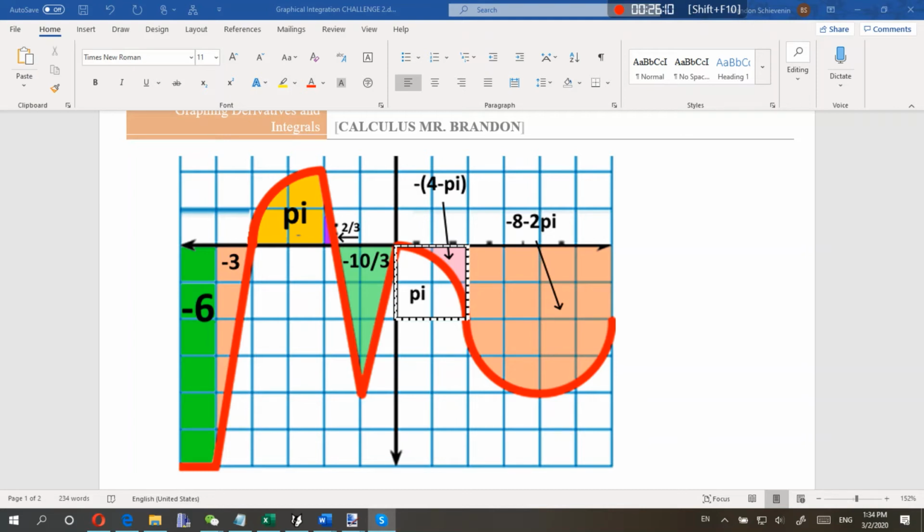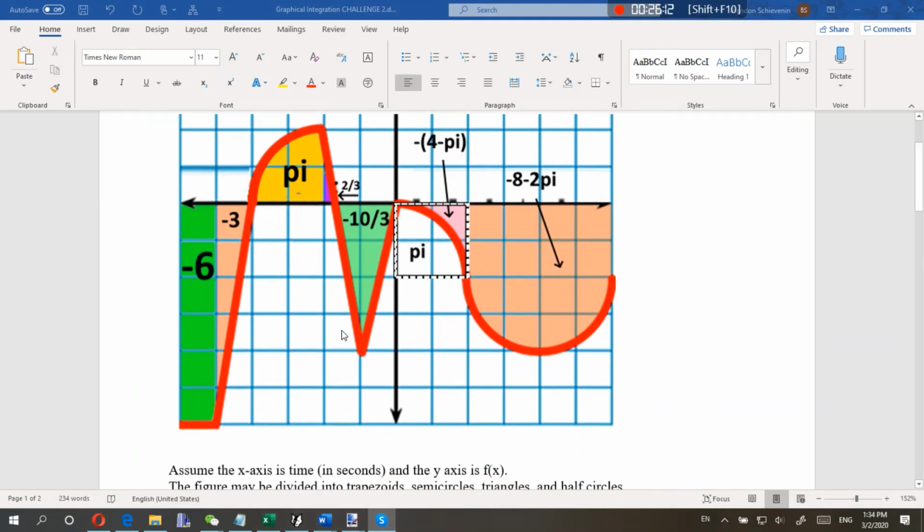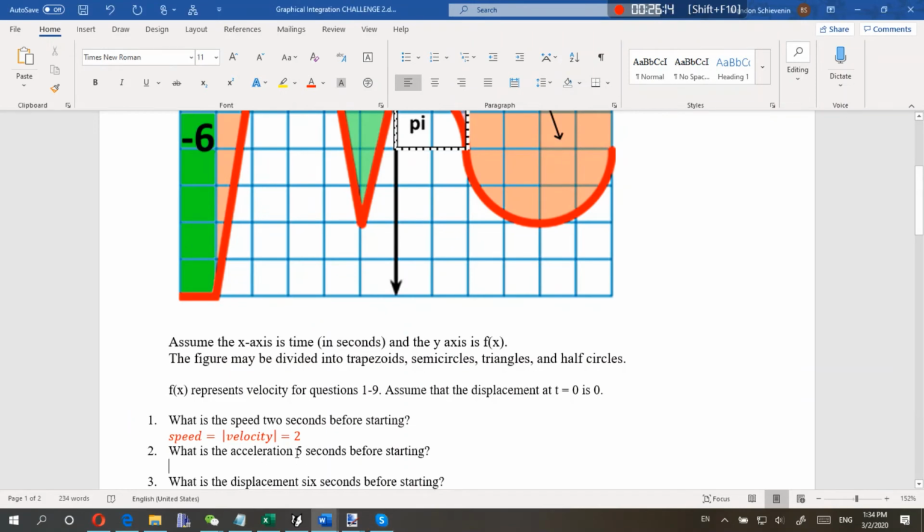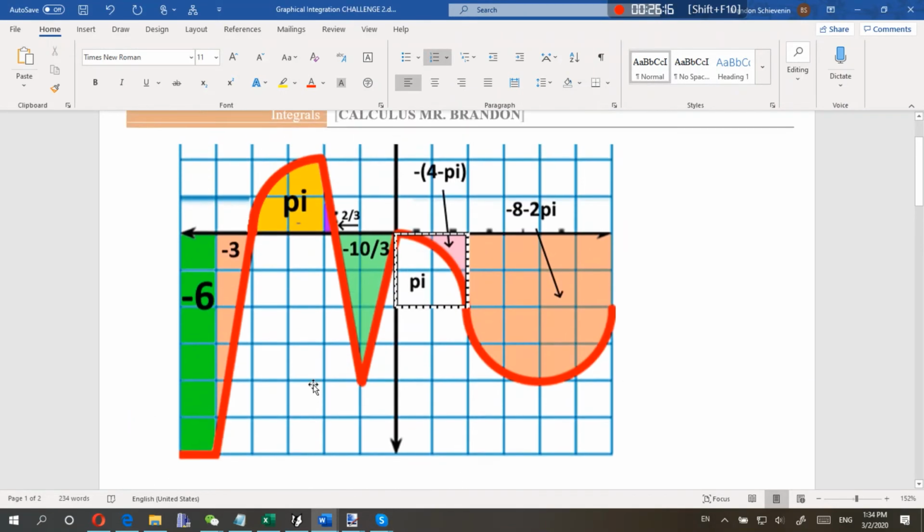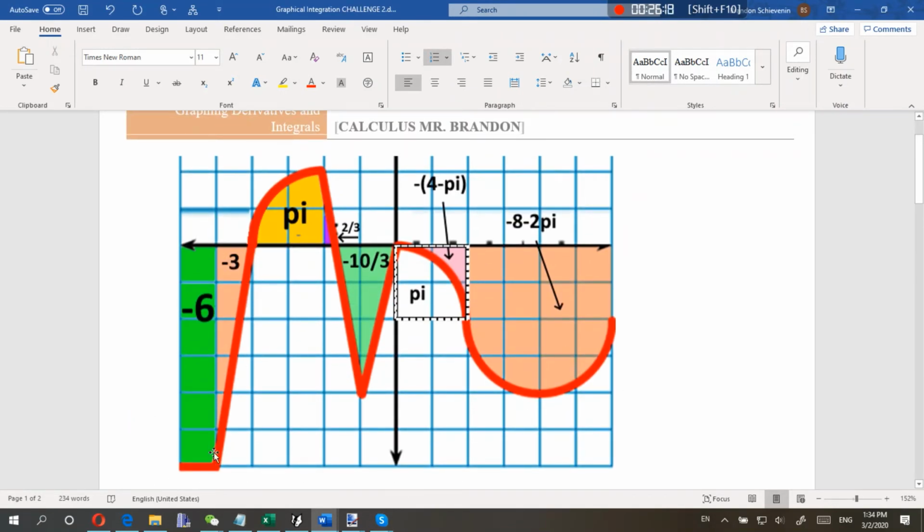Jana. So I'm going to find acceleration. I'm going to do 4.5 seconds before we started, which is on this interval between -4 and -5. What's the slope of that line? Sorry, I can't hear. Can you repeat the question? Yep. So if this graph is velocity, we're looking for the acceleration 4.5 seconds before we started, which would be on this line, the pink.